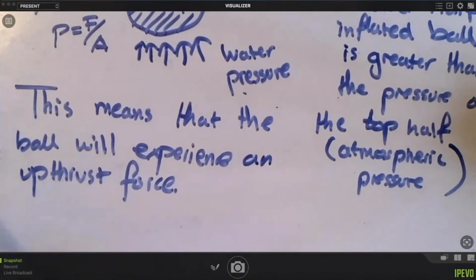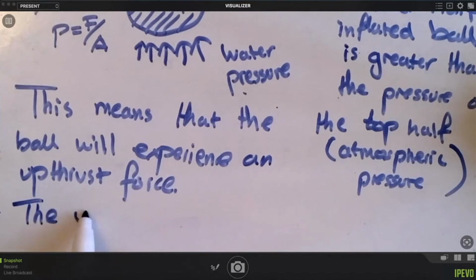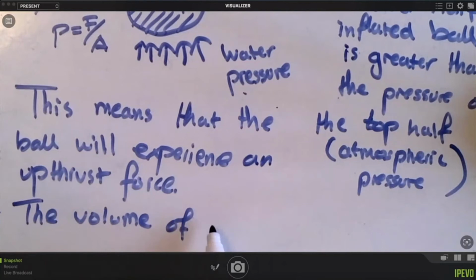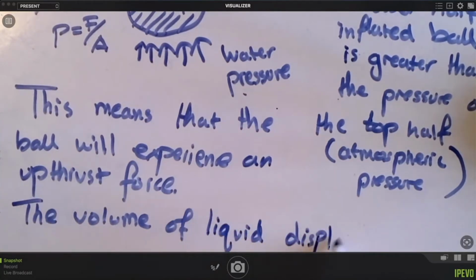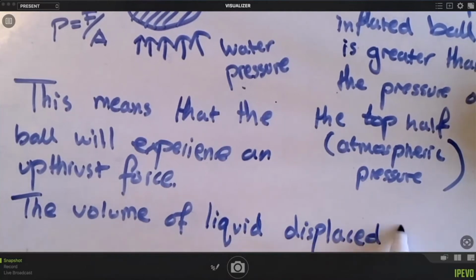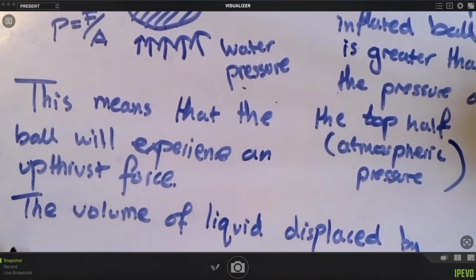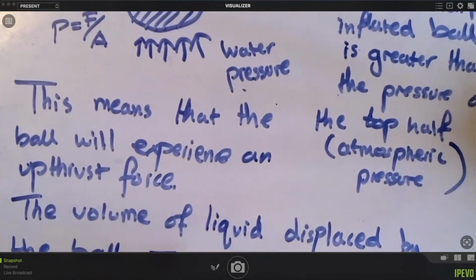So we have to say, first of all, the volume of liquid displaced by the ball is equal to the volume of the ball.